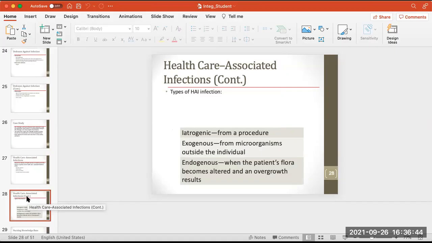Okay, here are different definitions. What is iatrogenic infection? What is exogenous or endogenous? As the names say, exogenous is from outside and endogenous is from inside. For example, when your own flora becomes altered and overgrowth happens, let me give you one example. That is when someone has a GI infection and we give them some antibiotic.